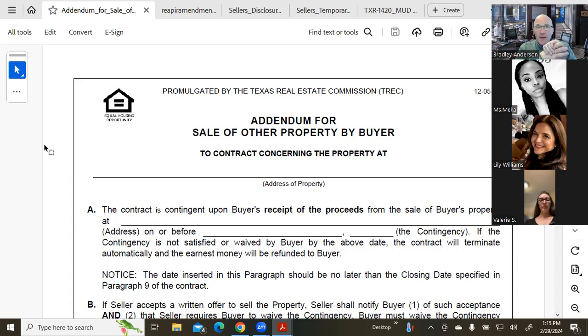Now, that's done on the front end. So before any paperwork is signed, your buyer has to clarify with their lender, hey, I need to go sell another home to go buy a home now. Maybe I'm relocating from another state. Let me know what parameters I need to work within. All right, so that's actually a really good point.